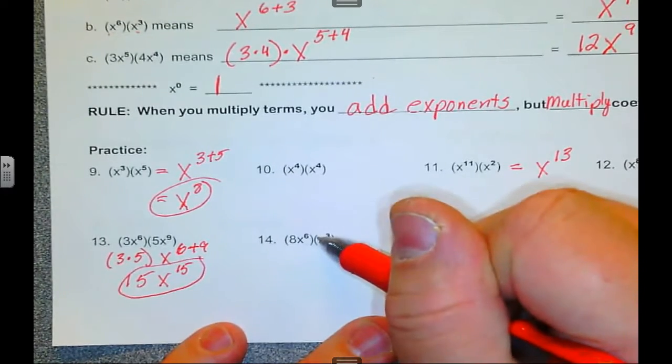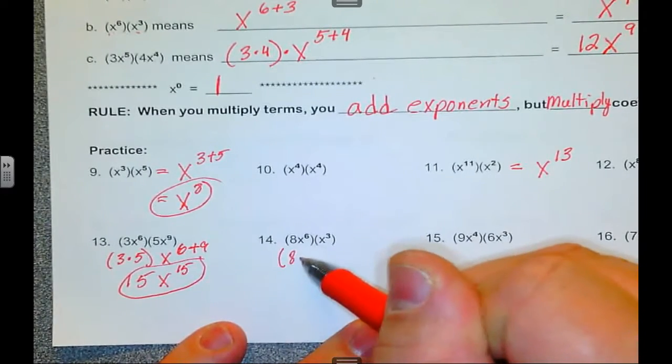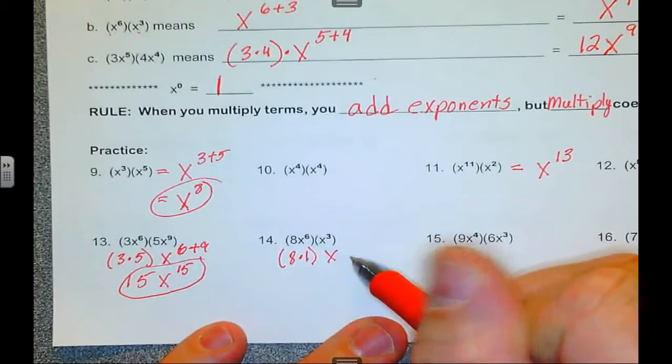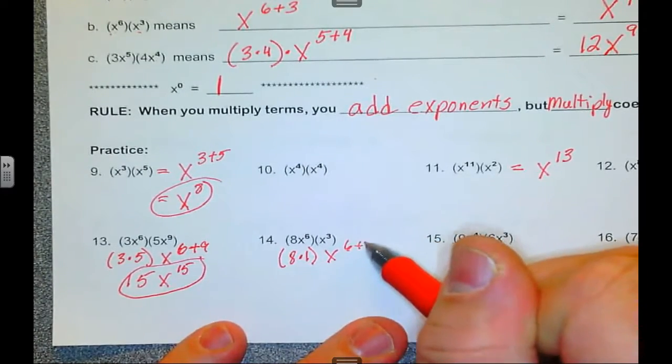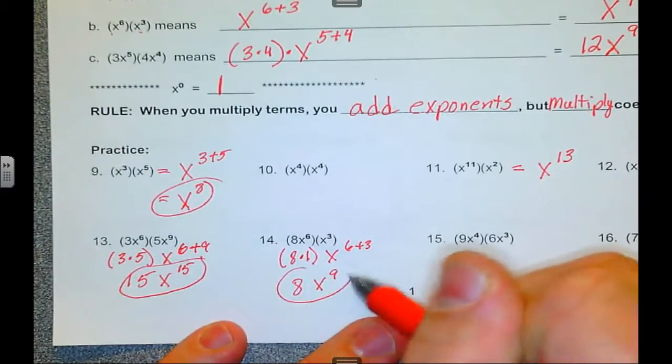Now don't forget there's a 1 in front of that x cubed, so the coefficient is going to be 8 times 1, or just 8, good, 6 plus 3. Yep, 8x to the 9th.